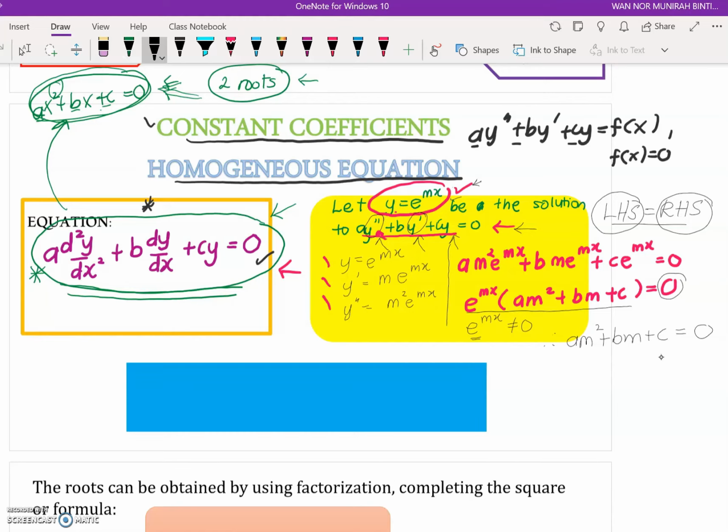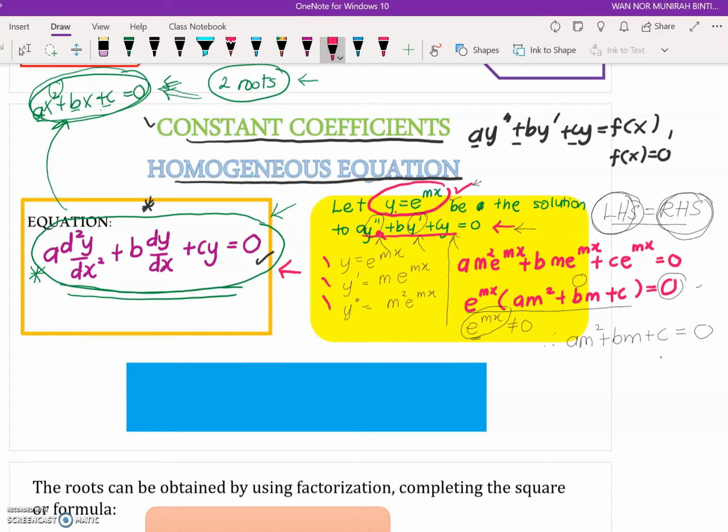Okay, when am square plus bm plus c is 0 here, 0 times something that is non-zero means this equation must be equal to 0, so that the left hand side and right hand side of this equation are satisfied.